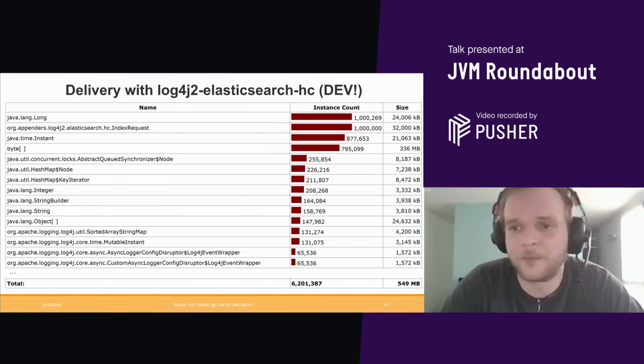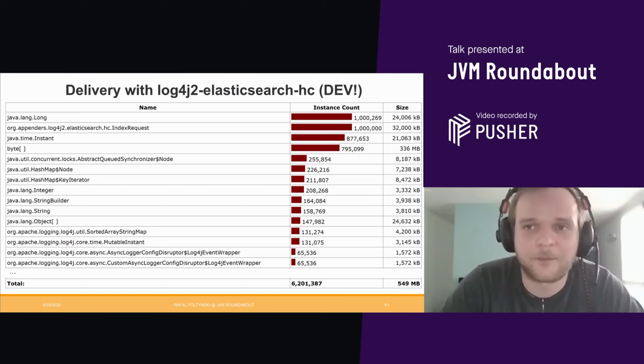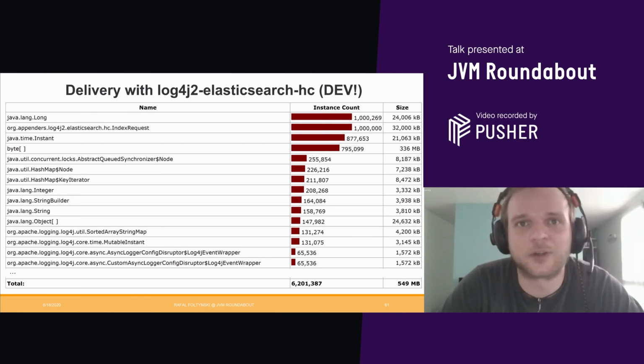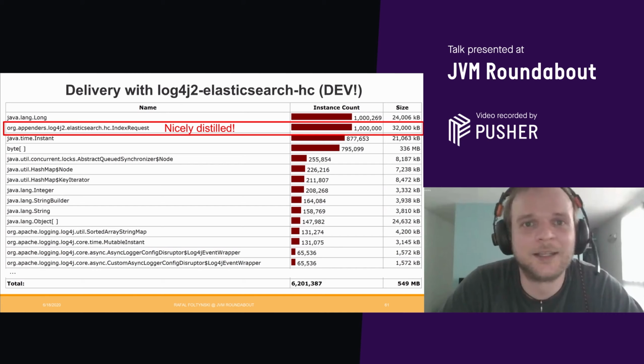Also, a total of 549 megs was allocated to handle exactly the same workload as the previous string-based non-pooled Jest did.